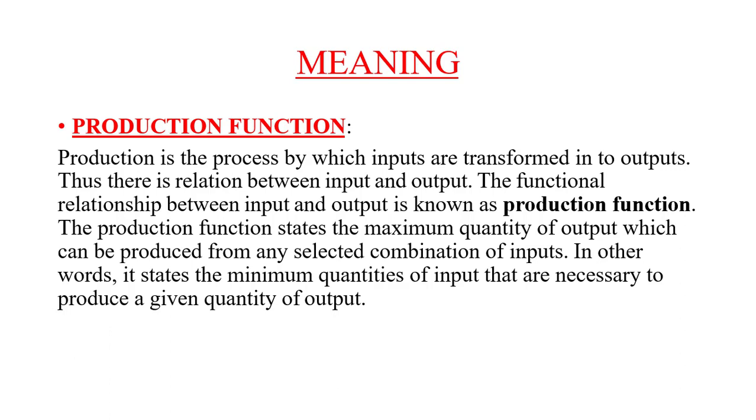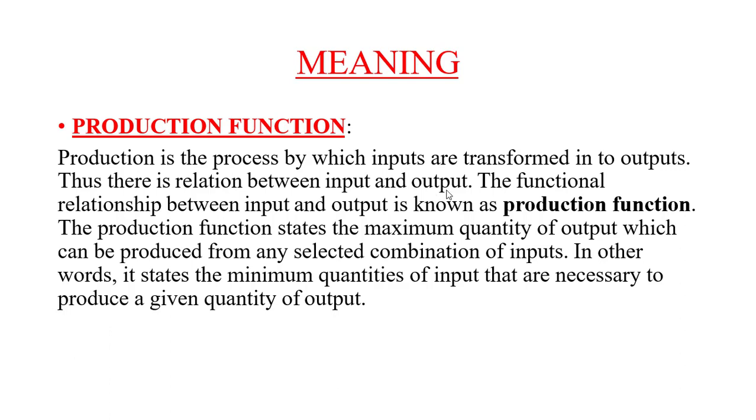Whenever we are trying to do production, we need some input like raw materials, labor, and capital to get some production, that is your output. You need to have input, then only you can give some output. That is the main element of production function, input and output.